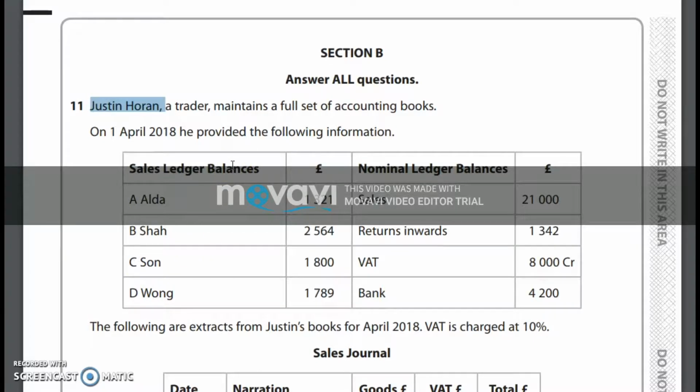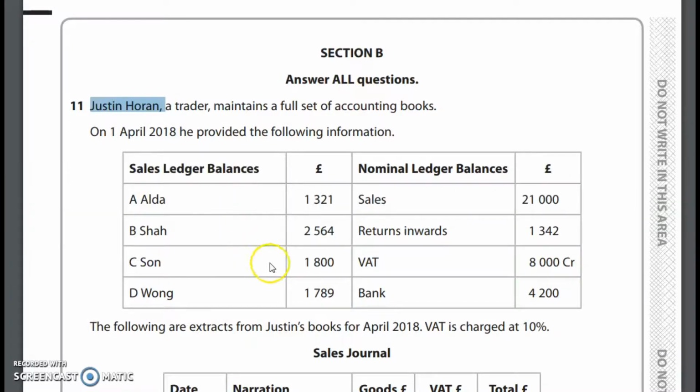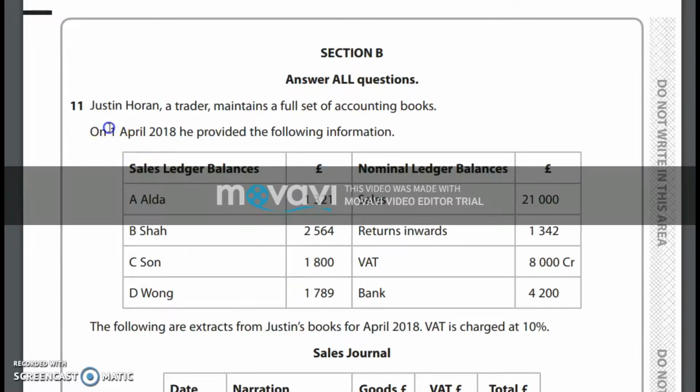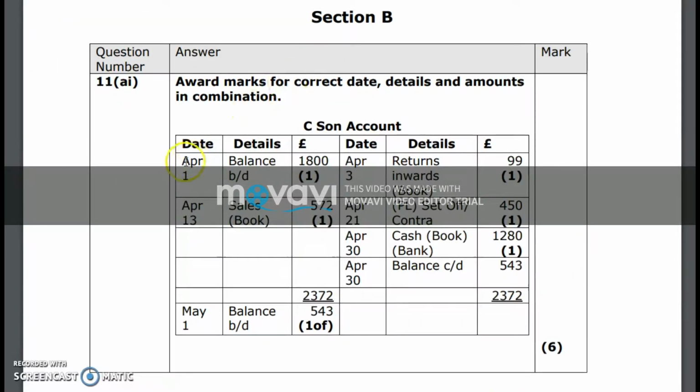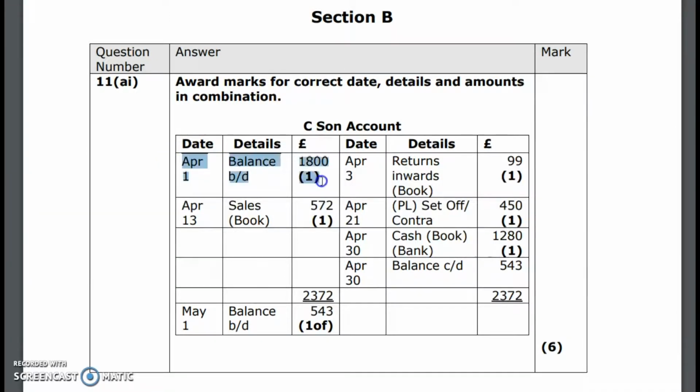Therefore, when we prepare CSUN's account, the first step is that we take the opening balance. Since he is a trade receivable, the balance on CSUN's account will be on the debit side. So on 1st of April 2018, we have the balance brought forward on CSUN's account as 1,800. So this is what you will have, 1,800. If you write that properly, you would get 1 mark.